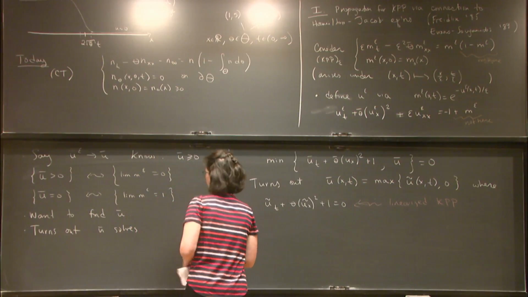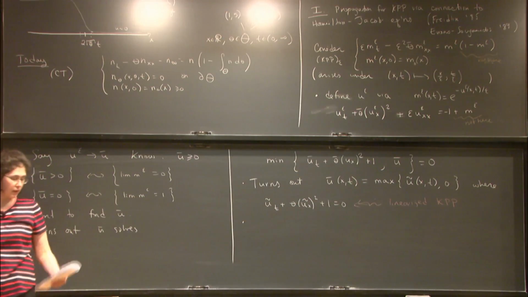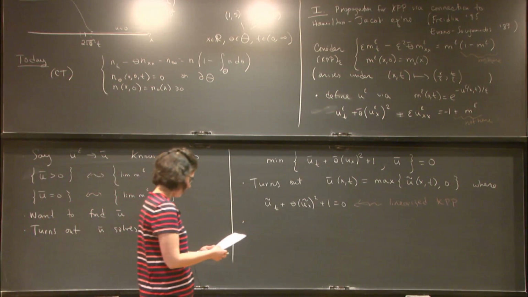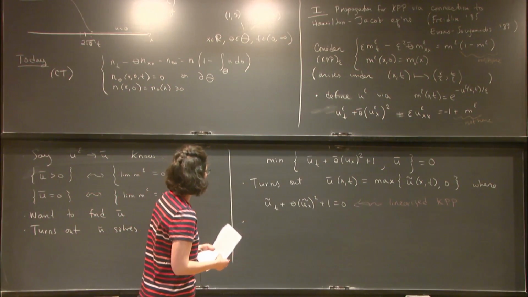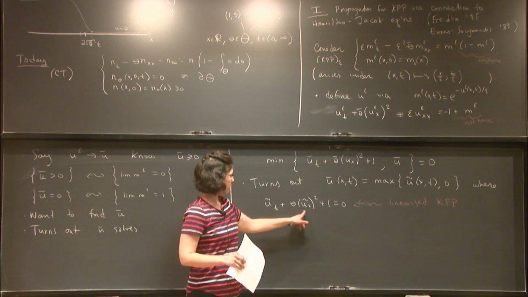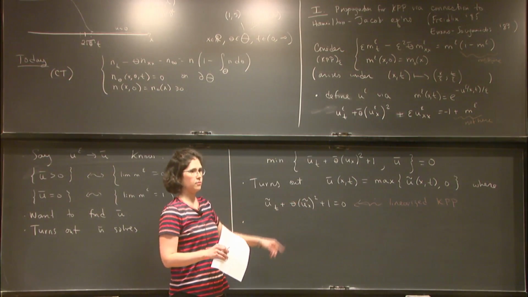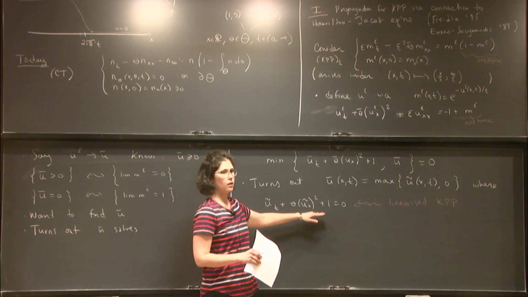But okay, so I promised that I would tell you how to conclude this result. But this is basically Burgers, is it? No, it's not Burgers, because this has the square of u. But if I took a derivative, I would get Burgers.